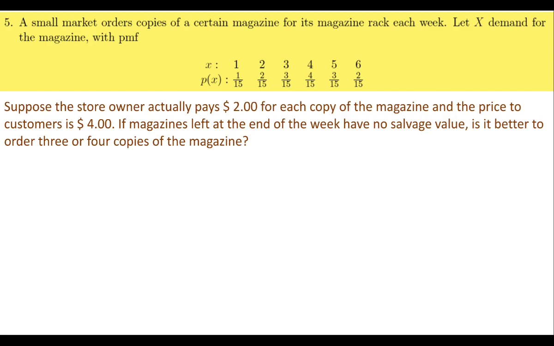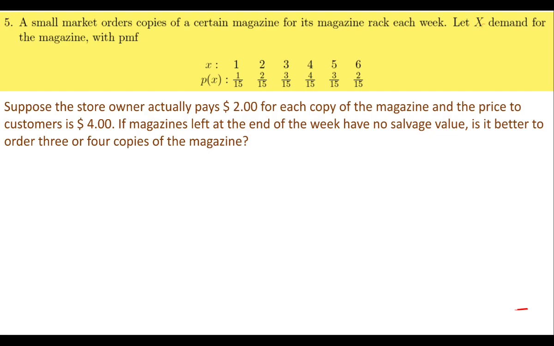The next question says that a small market orders copies of a certain magazine. Let x be the demand for the magazine, and the mass function is given. It says that the owner pays $2 for each copy and sells it to the customer for $4, so he has a profit of $2 on each copy.